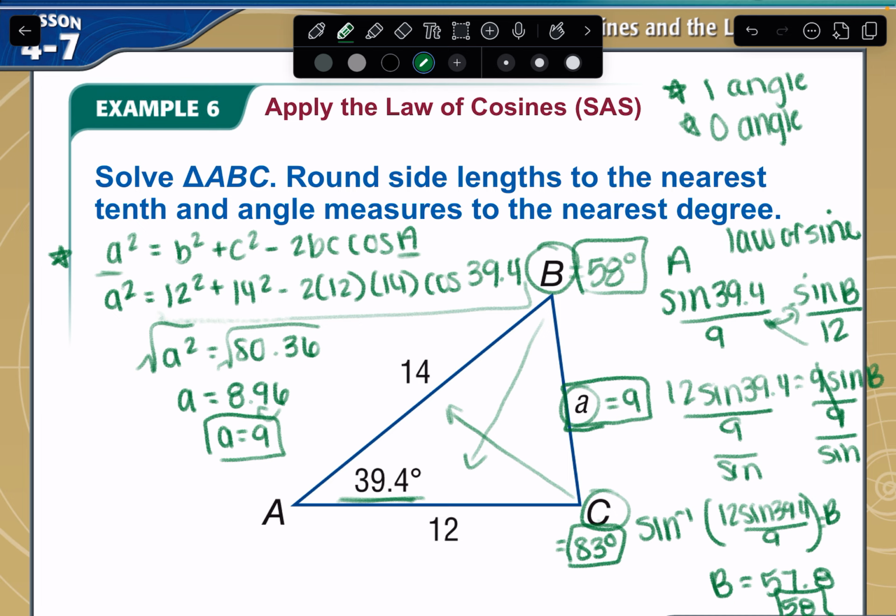So similar to last example, as far as starting with a law of cosine and then moving to a law of sine and really just filling in your missing angle measure, it looks a little bit different because I didn't know one of the side lengths versus I didn't know an angle measure. In my opinion, law of cosine is a little bit easier when you have one of your angle measures.